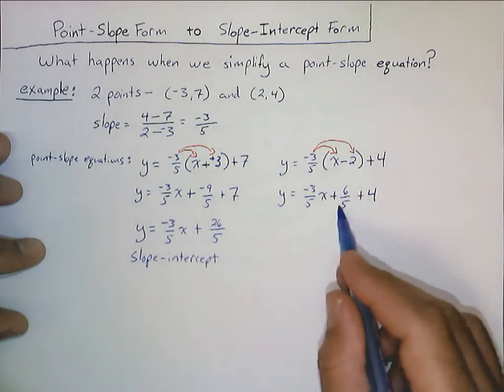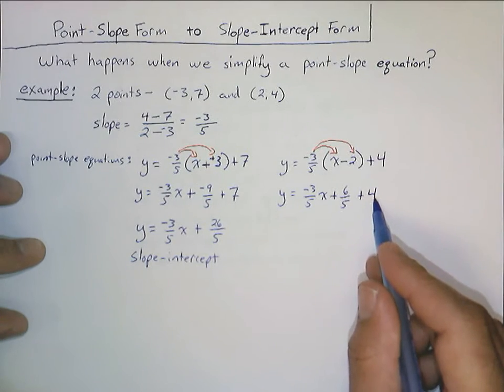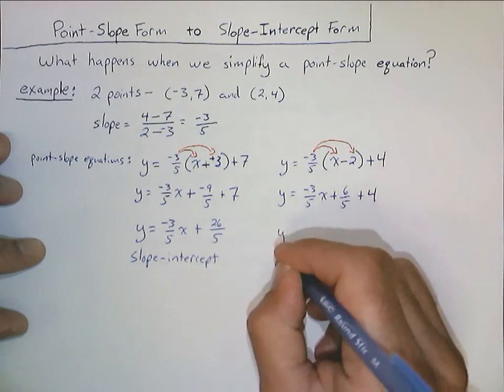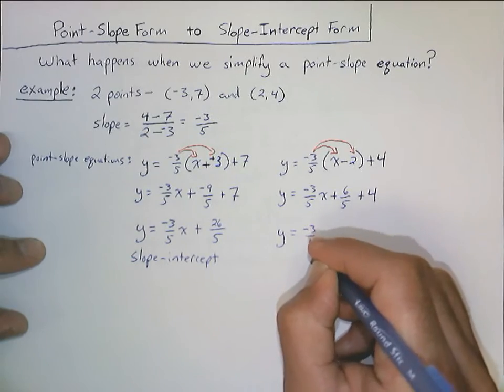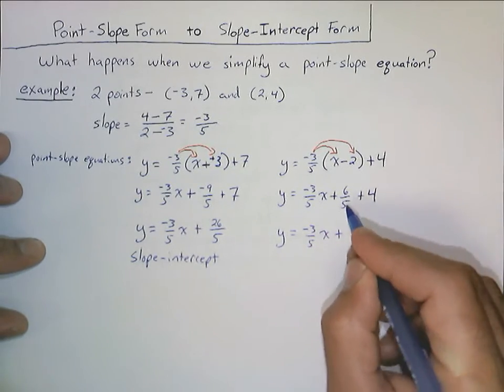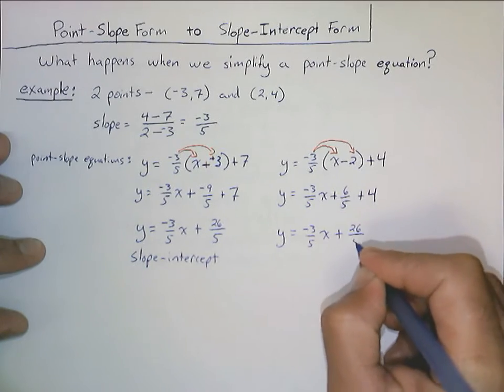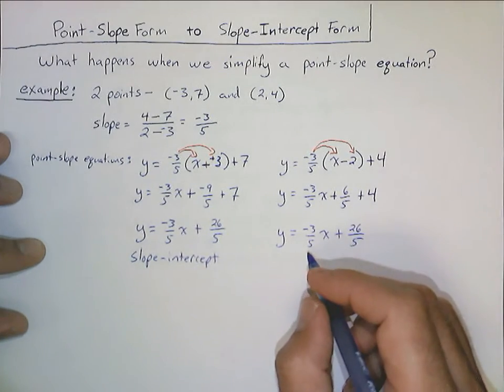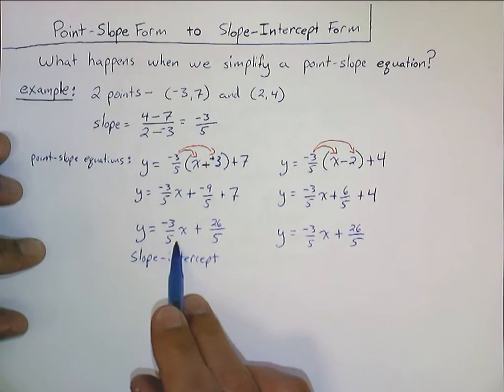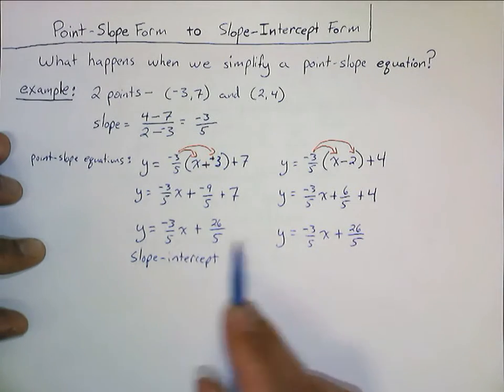And then we'll just combine these like terms. 4 is actually 20/5. So what we have here is y is equal to -3/5 x plus 6/5 plus 20/5, which is 26/5. And again, this is slope-intercept. Oh wait, it's the exact same thing as what we got over here. Fantastic.